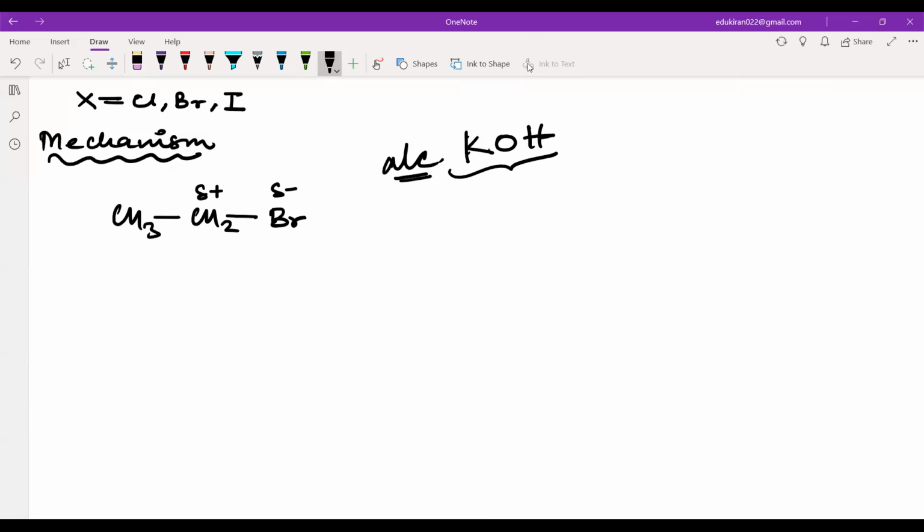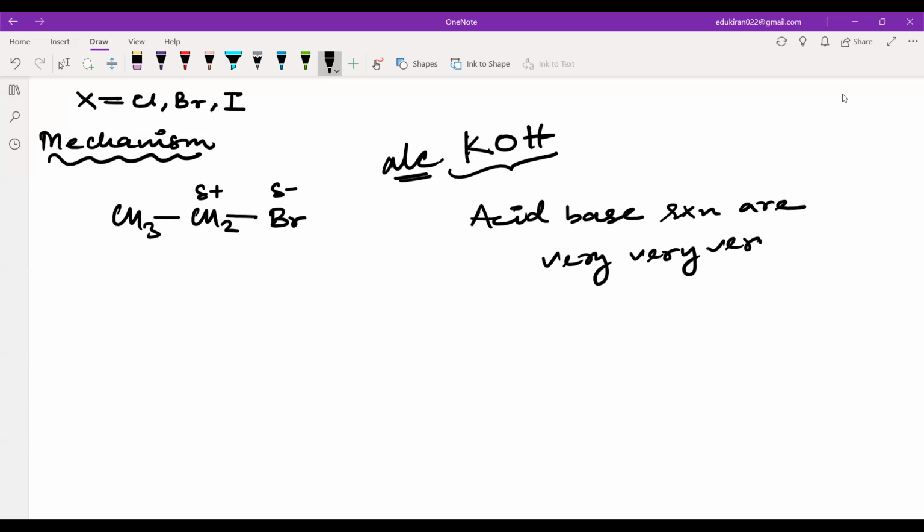One thing you should always keep in mind: acid-base reactions are very, very fast. There is nothing you can compare with an acid-base reaction. If there is some base, it will automatically dissociate like this.